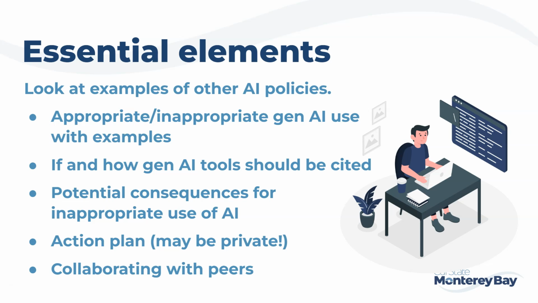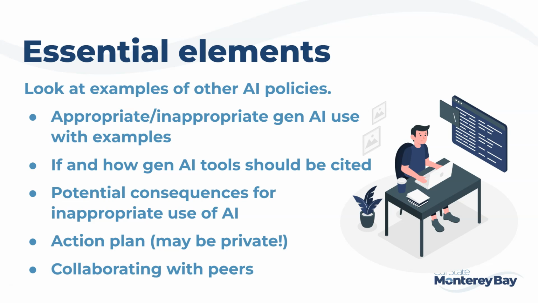It's also valuable to be clear about the potential consequences for the inappropriate use of AI. This portion may refer back to the university or departmental academic integrity policies, or it may refer to an informal warning process. But whatever that process is, it's important to share the seriousness of the consequences for violating the policy.